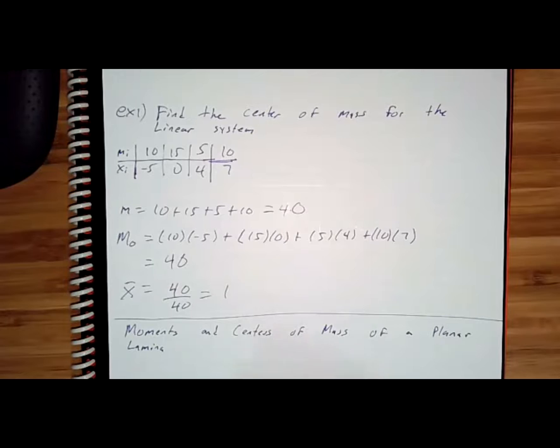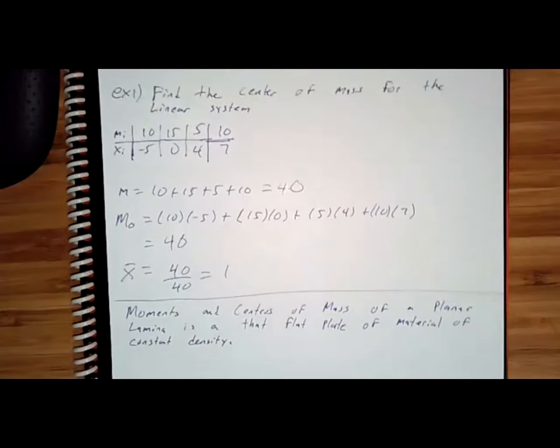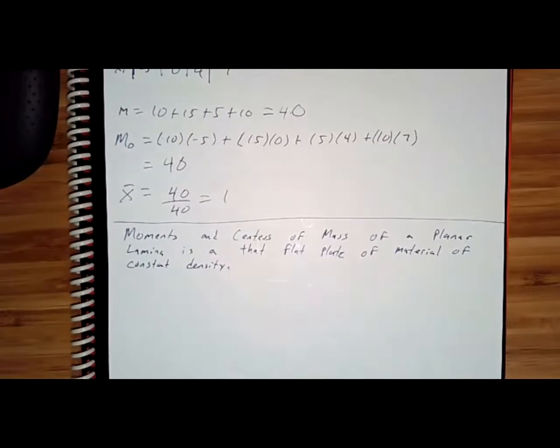So basically that's just a thin, flat plate of material of constant density. So it's the same density all the way around on the object.